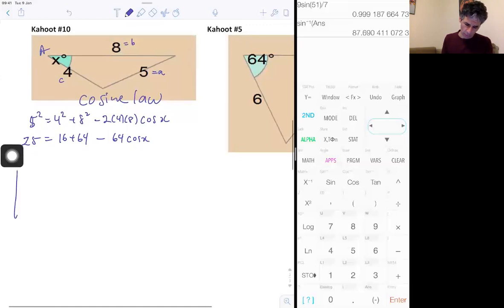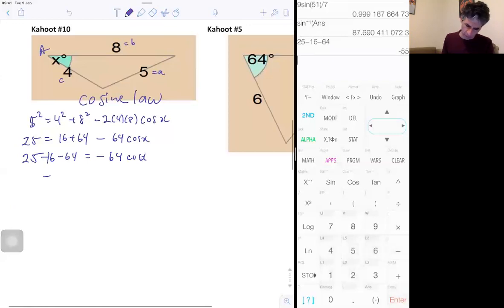So what we do is, whoops, erase that. What we do is we bring the 16 and the 64 to the other side. And that'll give us 25 minus 16 minus 64 is a minus 55.